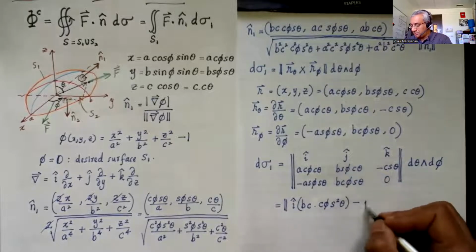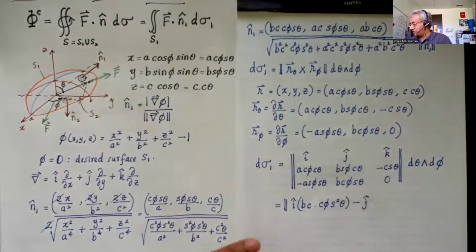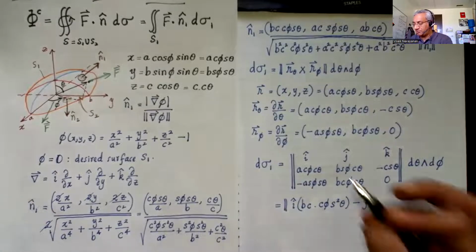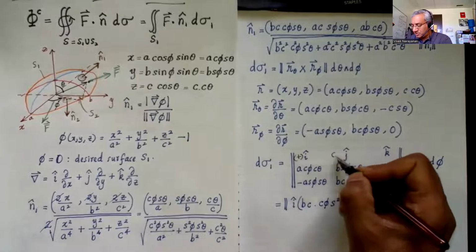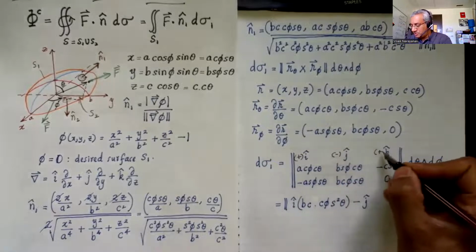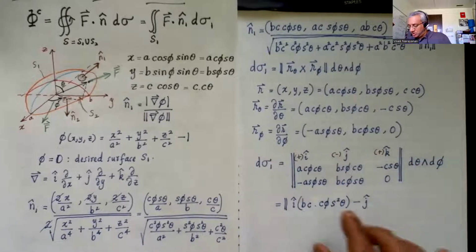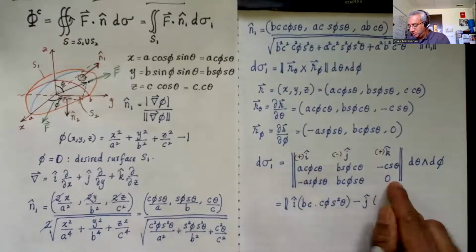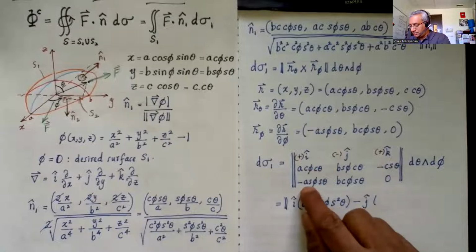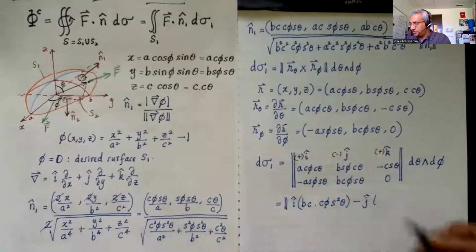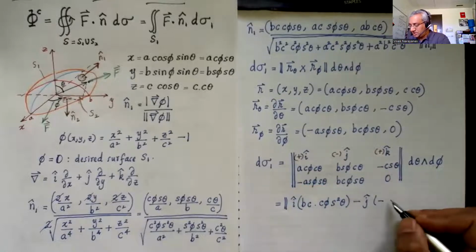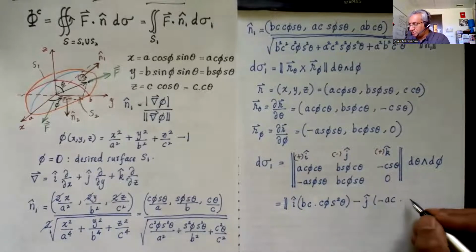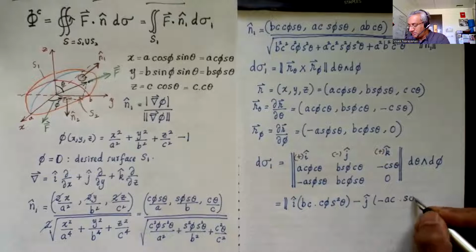Minus, because of that determinant thing. Remember, the determinant comes with this assignment of signs, like that. Now what? It's going to be this times this, which is 0, and that's minus this times this. So it's going to be minus a times c. Separate this out like that. Sine phi sine squared theta.